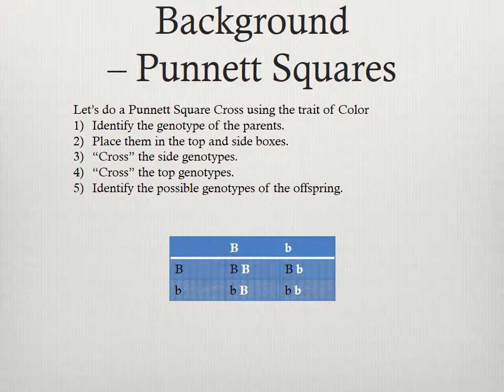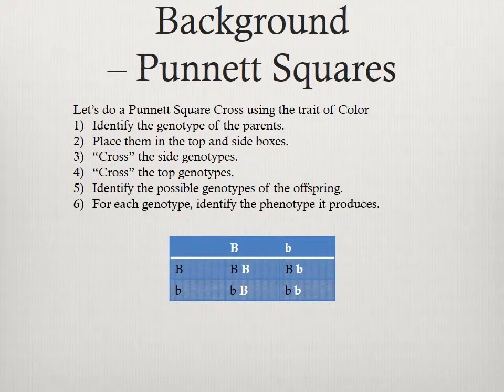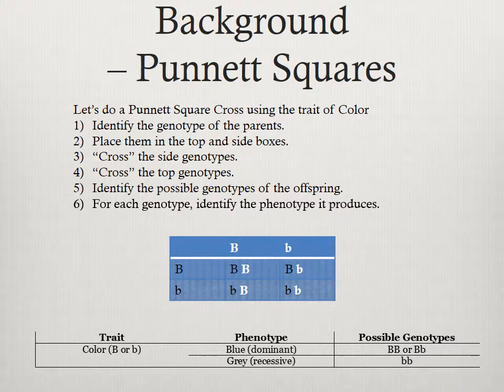Now that I've identified the possible genotypes, for each genotype I'm going to identify the phenotype. I'm going to go back to my chart that gives me my key. We're talking about the trait of color. We know there are only 2 colors, blue and gray. Blue is dominant, gray is recessive. So anything that has a big B is going to be blue. I have a big B, big B, that'll be blue.